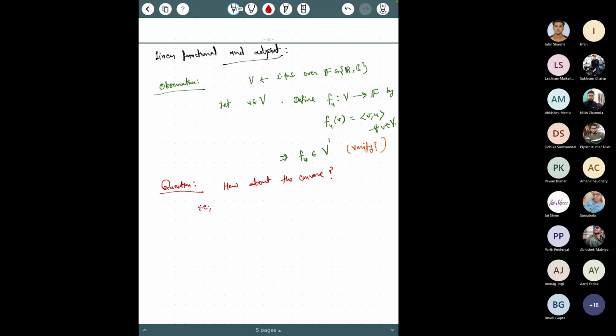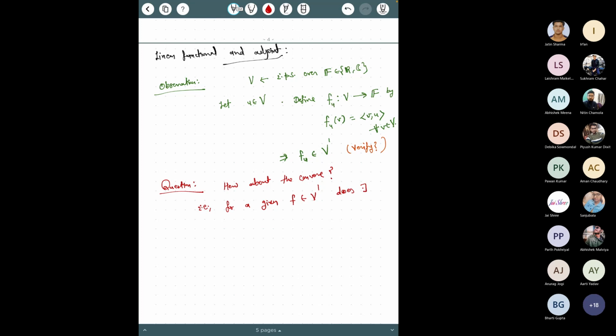So the converse is: for a given f in V dash, that means for a given linear functional, does there exist a vector?